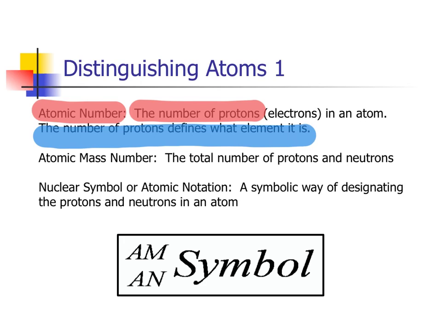The atomic mass number is that long decimal number that we see on our periodic tables, usually in the top left-hand corner, and it's really nice and long with lots of decimals. That number is a little bit different in that it's the atomic mass number.